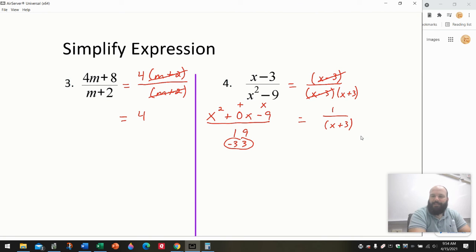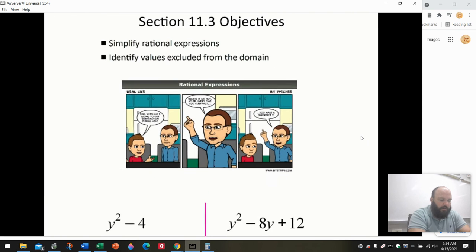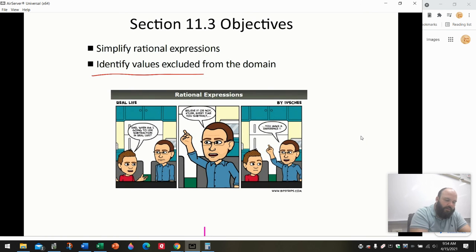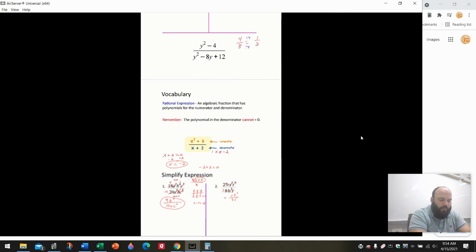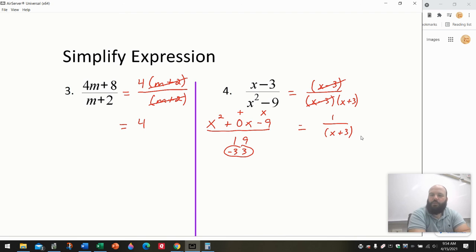Okay, so the last thing that I want to show you is the second thing that I listed here, which is to identify the values excluded from the domain. In order to identify the values excluded from the domain, you need to look at the denominators of each of the original expressions and determine what value you cannot plug in there.